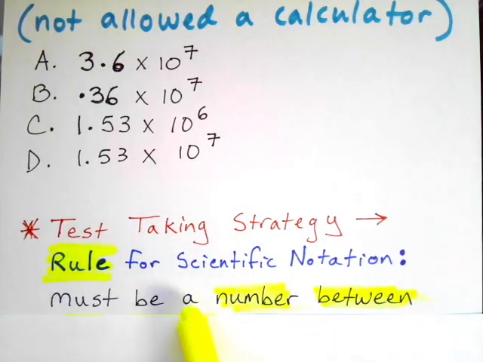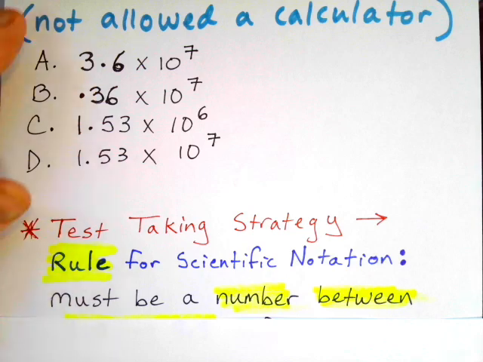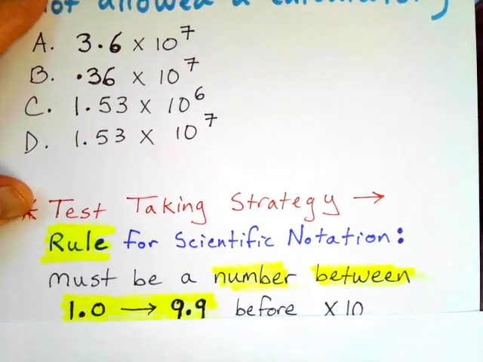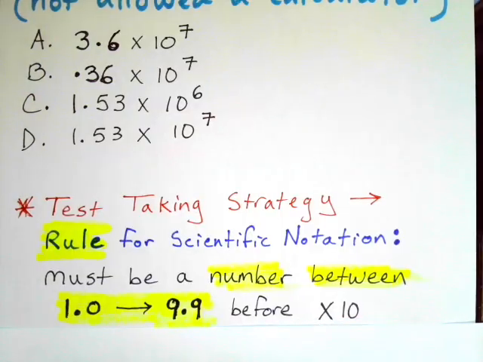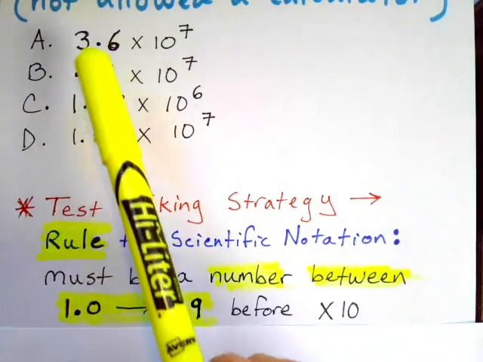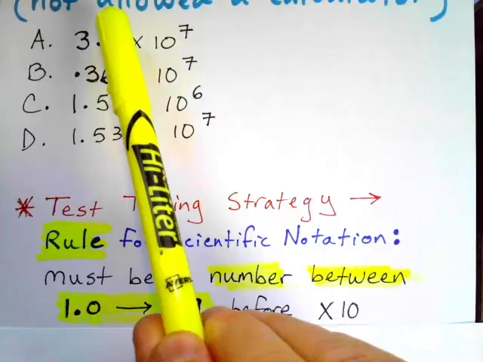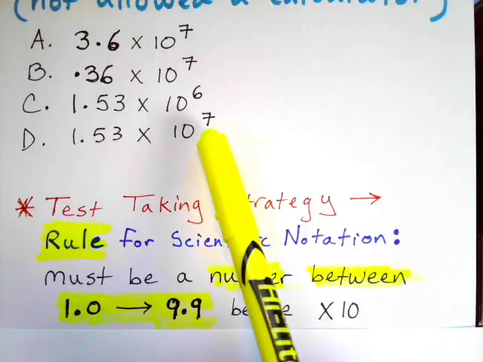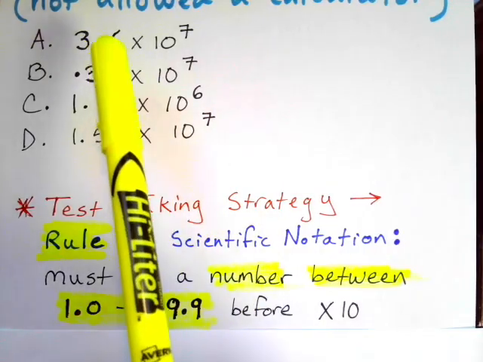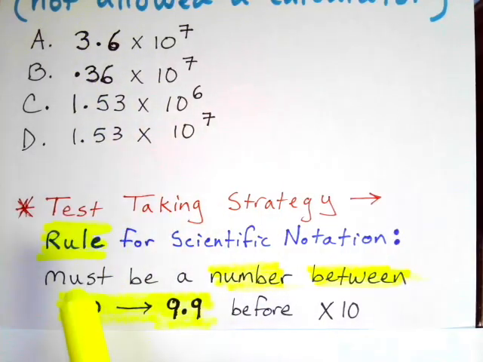The number in front of the times 10 must be a number between 1.0 and 9.9. That's the value right before that times 10 with the exponents. This number here has got to be between 1.0 and 9.9.